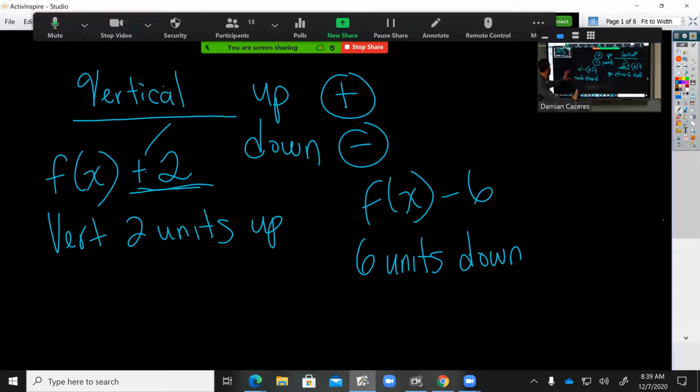Alright, so everybody gets this so far? If not, ask me at any moment. If you see a plus number there, it's up. If you see minus a number outside the parentheses, it's down. Now let's go to the next one. On the next category, it's called horizontal. So the line is being moved horizontally.